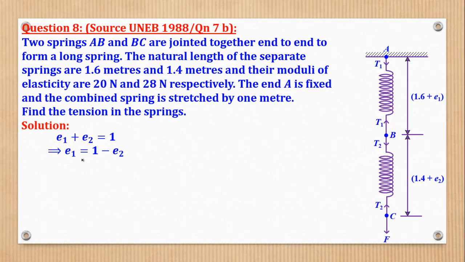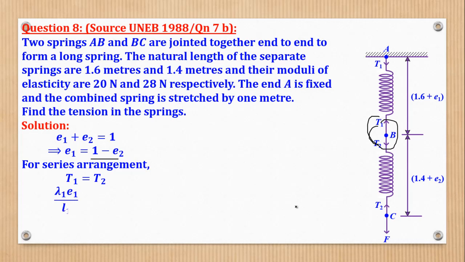When I make E1 the subject, I'll come up with E1 being equal to 1 minus E2. Then for series arrangement is this kind of arrangement, where one stops is where the other starts from. The tensions are the same. I think you can get it from here. This is equal to this. Therefore, by Hooke's law, T1 is that, T2 is that.